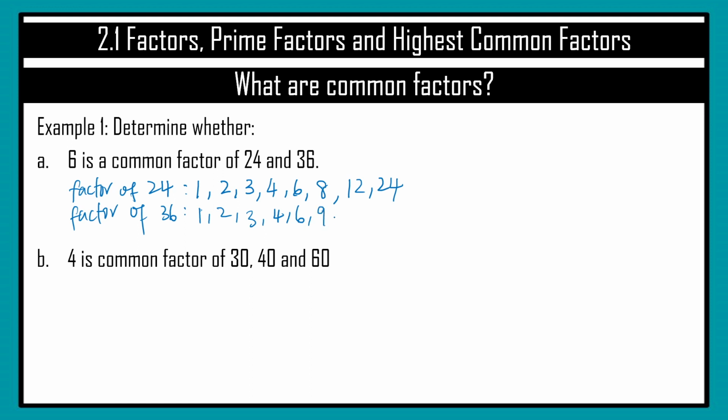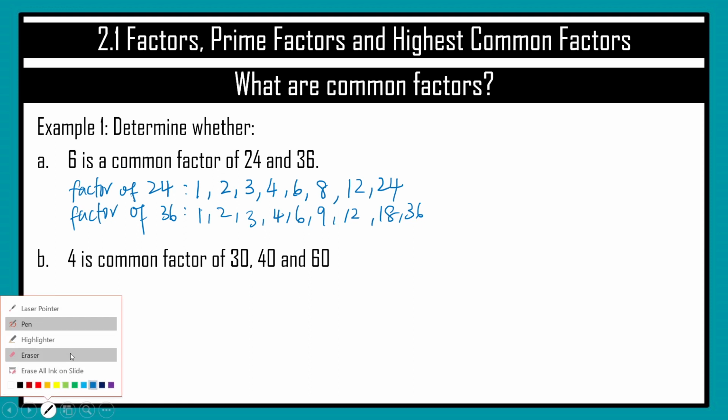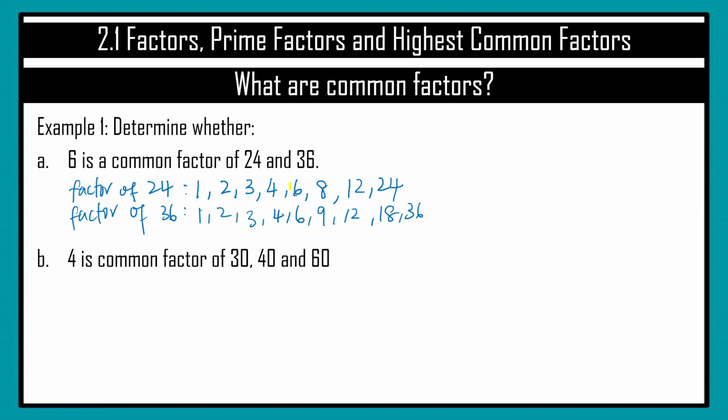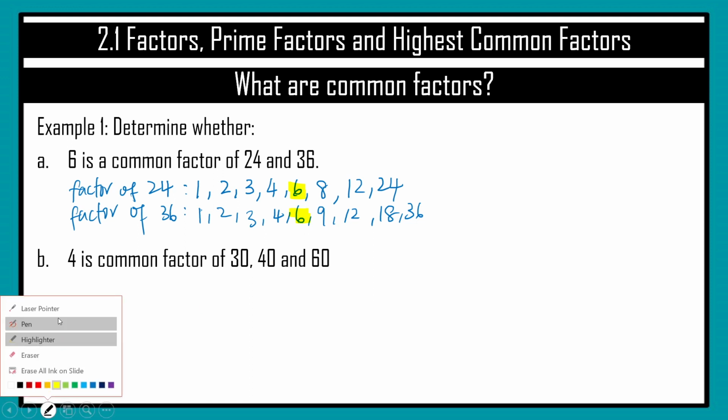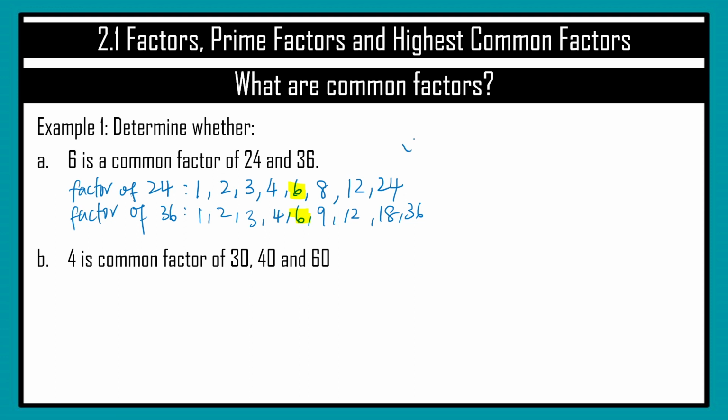Then 9, 12, 18, and 36. So these are the factors. We want to check, is 6 amongst the list of factors? 6 is present in both of them. This is one way, so I can say yes, 6 is a common factor of 24 and 36.